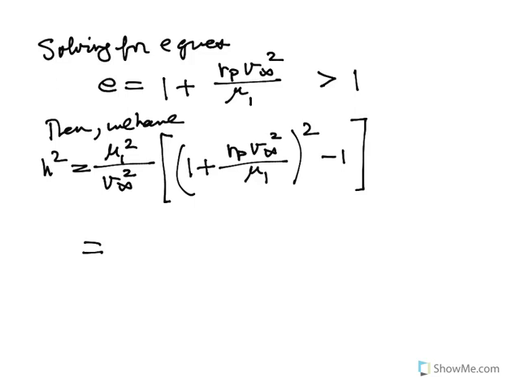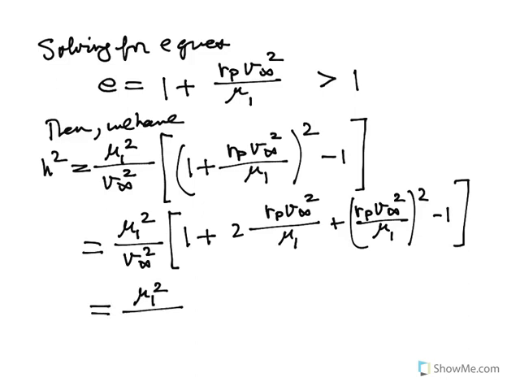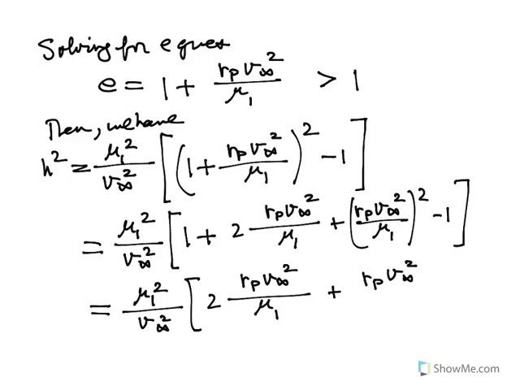And so then that equals, now if we simplify this, mu1 squared all divided by v infinity squared times, and if I expand this out, 1 plus 2 times RP v infinity squared all divided by mu1 plus RP v infinity squared all divided by mu1 squared minus 1, which is then equal to mu1 squared over v infinity squared times, and you can see the 1's cancel, so we're going to get 2 times RP v infinity squared over mu1 plus RP v infinity squared over mu1, the whole thing squared.